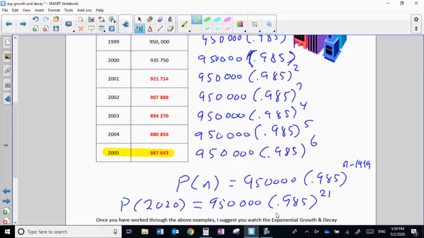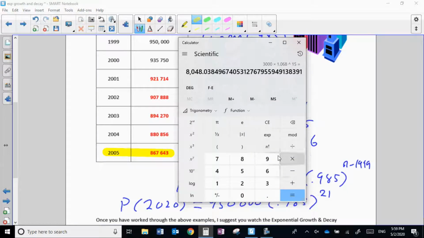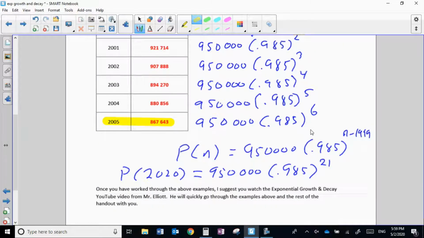I'll use my calculator to see what I get. That's about 691,647. There we go.